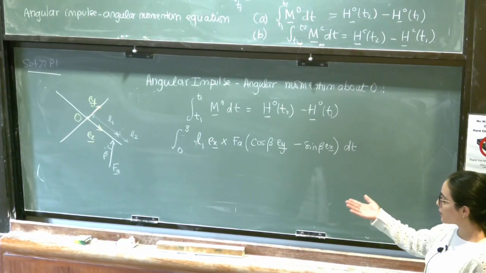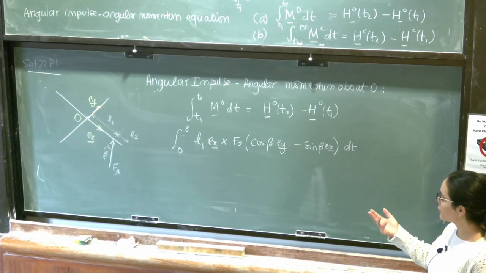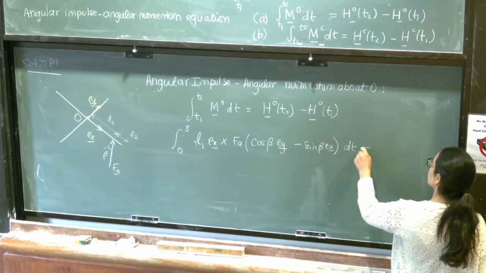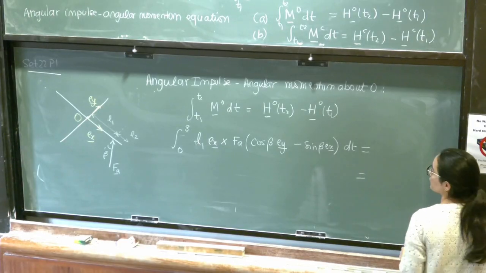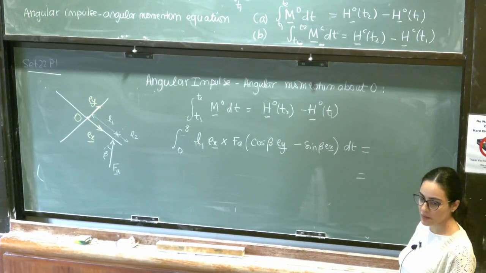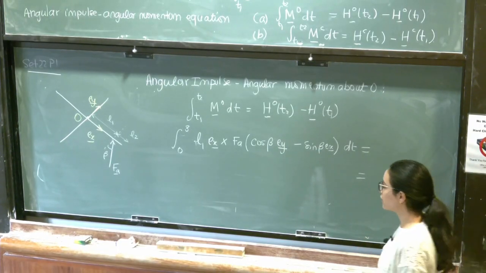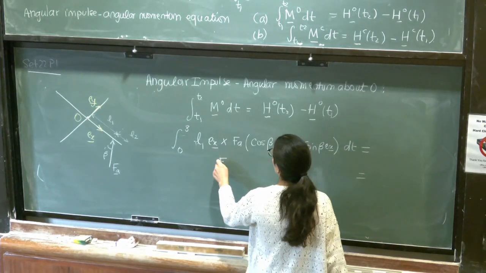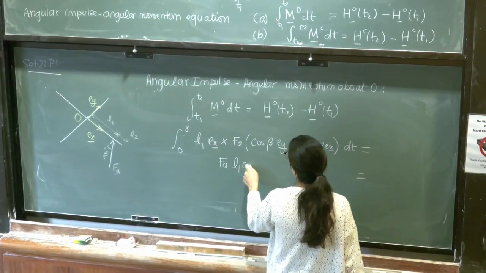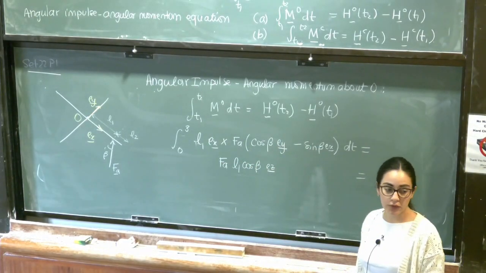What is the resultant of this cross product? What is EX cross EY? EZ, and EX cross EX is 0. So I'll get FA L1 cosine beta EZ, the integral of that from 0 to 3.